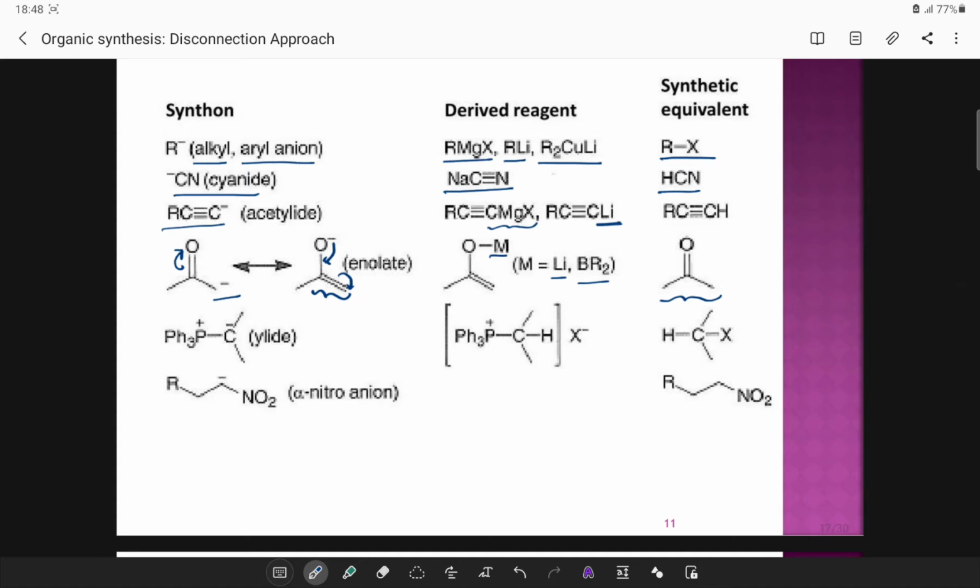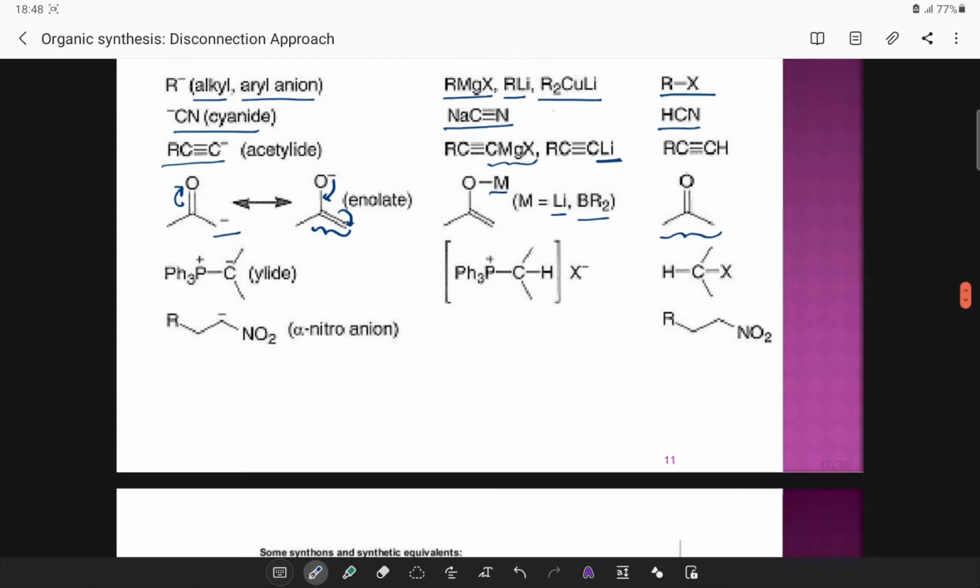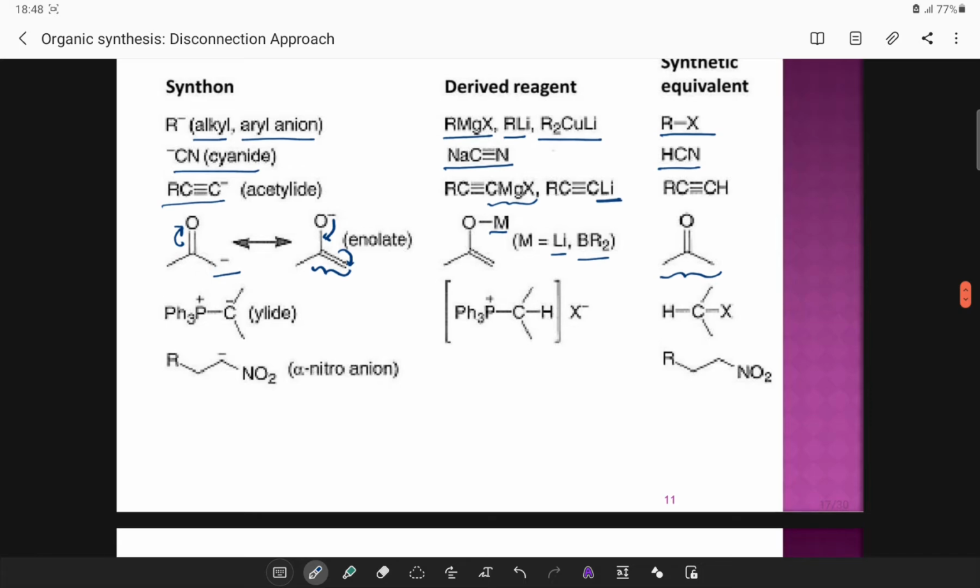When I look at an ylide as a synthon, here ylide is nothing but triphenyl phosphine, where phosphorus is carrying a positive charge and carbon is carrying a negative charge.